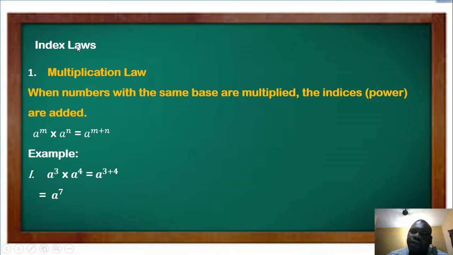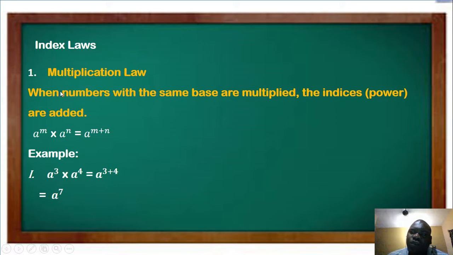Index laws. Number 1, we have the multiplication law. That is, when numbers with the same base are multiplied, the indices, that is the powers, are added. For example, a raised to power m times a raised to power n is equal to a raised to power m plus n.